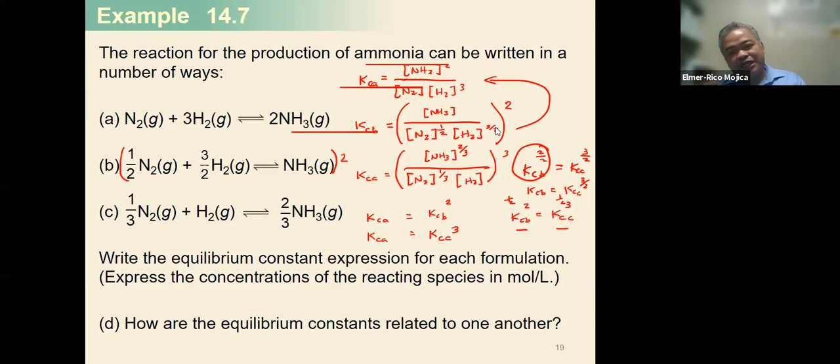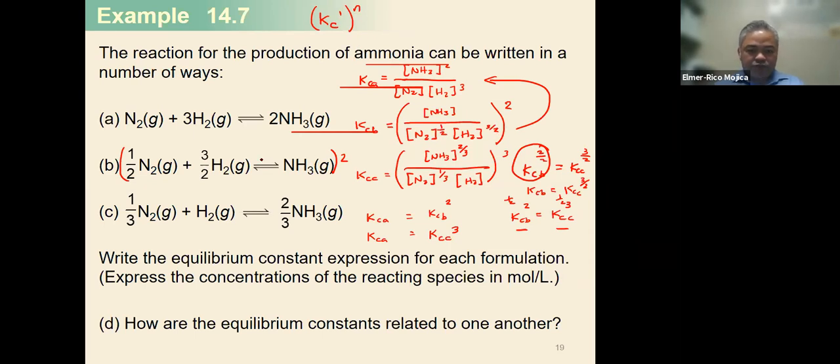So the summary that we have here in this relationship: whenever we have a given KC prime, if you multiply the equation by a number, you're just going to raise that KC by whatever number that you multiply. So for this one, when we express this in the equilibrium expression, it's 1/2, 1/2, and 3/2.